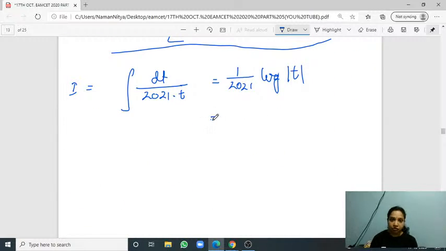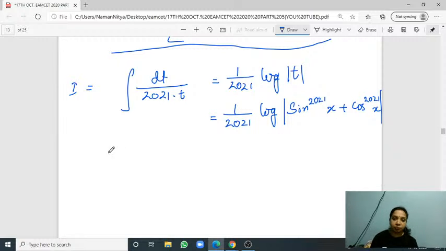So this is 1 by 2021 log, in place of t you just write sin power 2021 x plus cos power 2021 x.